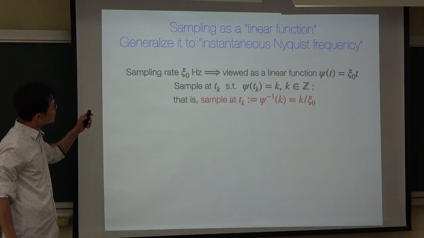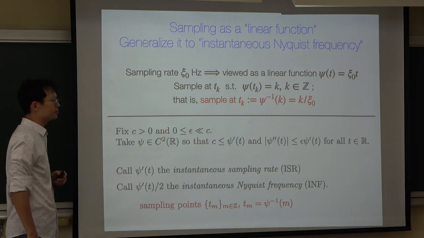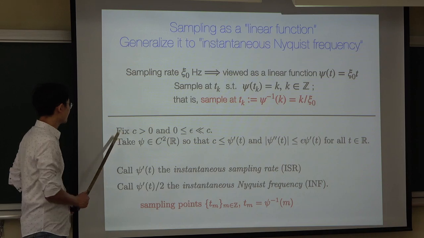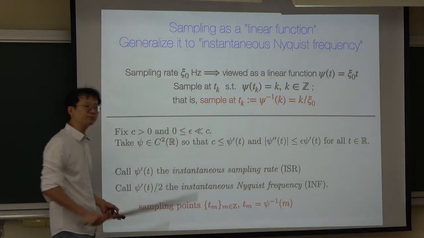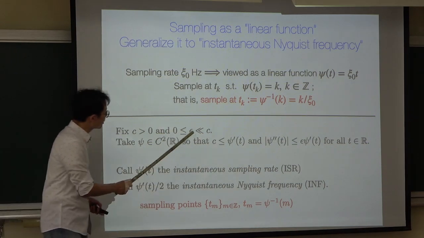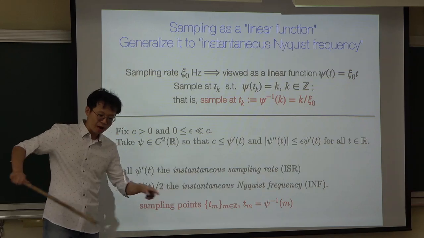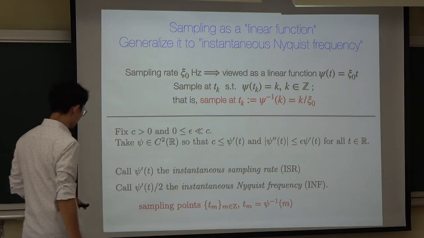Based on this interpretation, we can generalize to non-uniform sampling. We consider fixing some c and some epsilon, where epsilon is very small. That is, we want to control how non-uniform the sampling can be, and we assume the sampling is not too crazy.